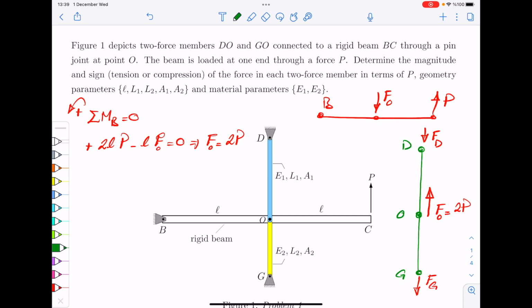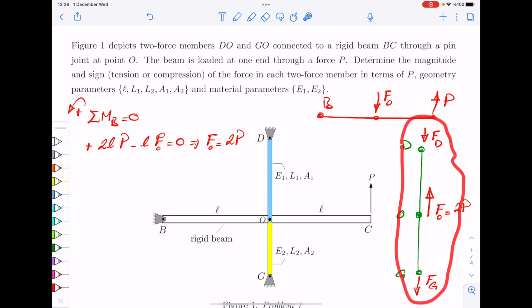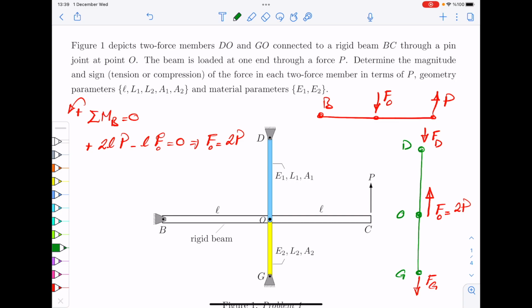Okay, so again, for this system, we will write our equilibrium. Let's say sum of forces is 0, and then again, if you assume upwards is positive, you would have FO minus FD minus FG equals 0, which gives you FD plus FG equals FO, which is 2P.